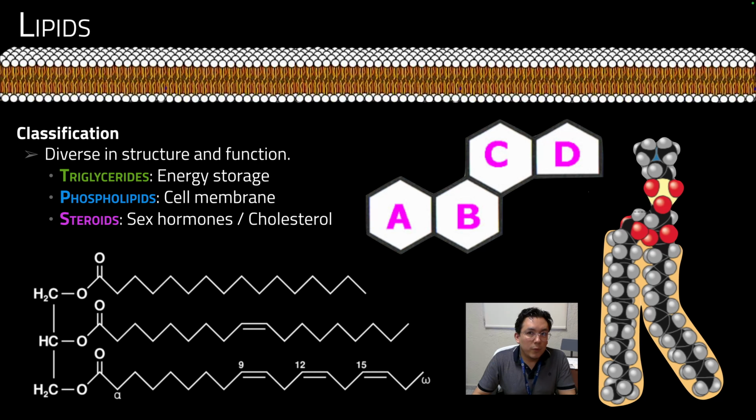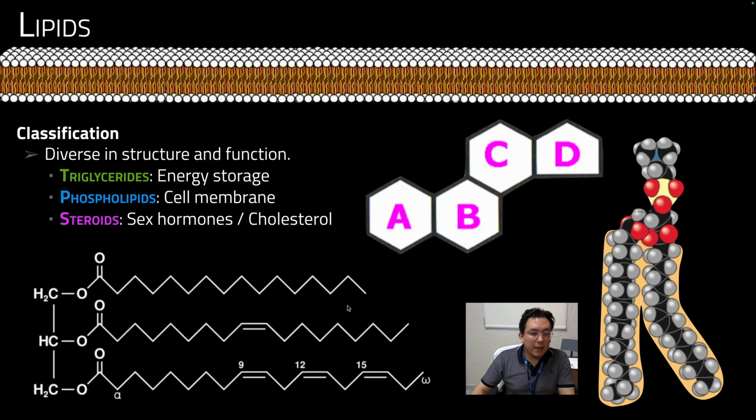And don't forget about the monomer, which is also an important aspect for each molecule. The monomer for both triglycerides and phospholipids is considered to be the fatty acid, which, by the way, this molecule right here on the bottom left of the screen, this is a triglyceride. It's called triglyceride because the tri part means three, for three fatty acids.